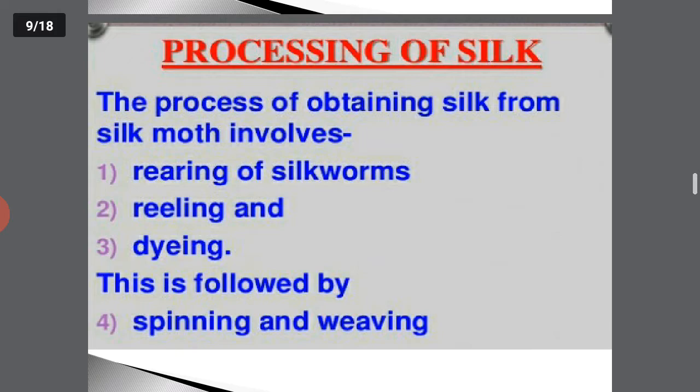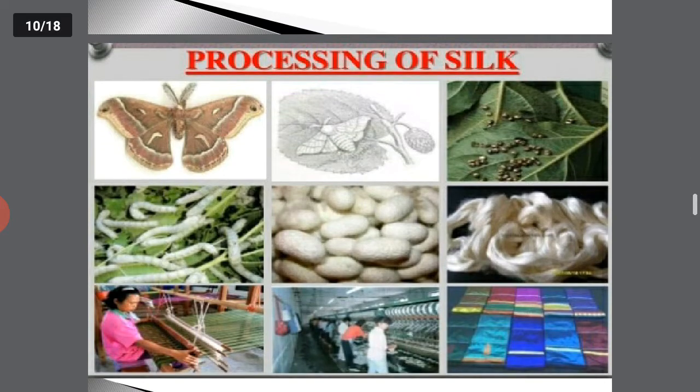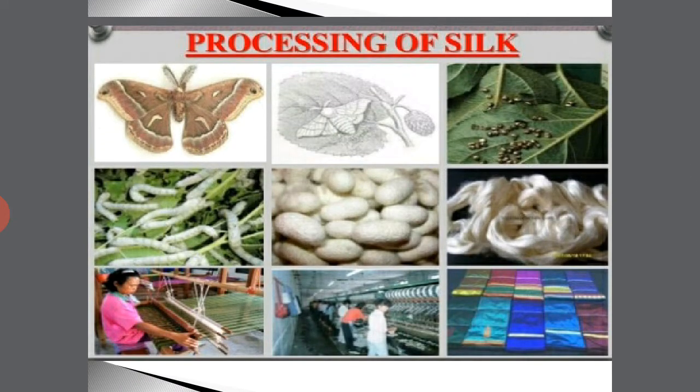Processing of silk includes these steps: rearing of silkworms, reeling, dyeing, spinning, and weaving. In the diagram you can see how it is produced. The female silk moth lays eggs, the eggs become caterpillars, the caterpillar becomes a cocoon, and then the cocoon becomes an adult silk moth.